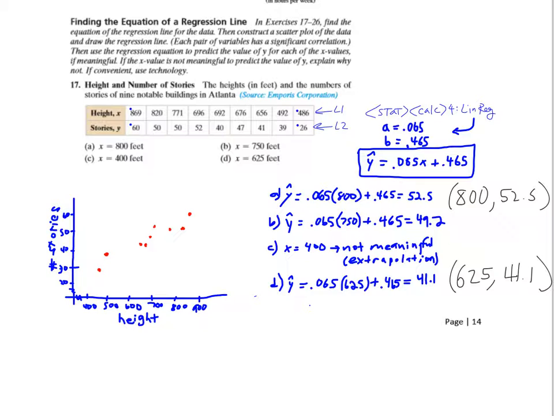So we could go over to 800 and 52.5 and place a dot. And then we can go over to 625 with a 41 and place a dot. All right, and then we can take a ruler out and we can draw a line of best fit. I guess I'll get a new color, blue, and I will attempt my line of best fit through those points.